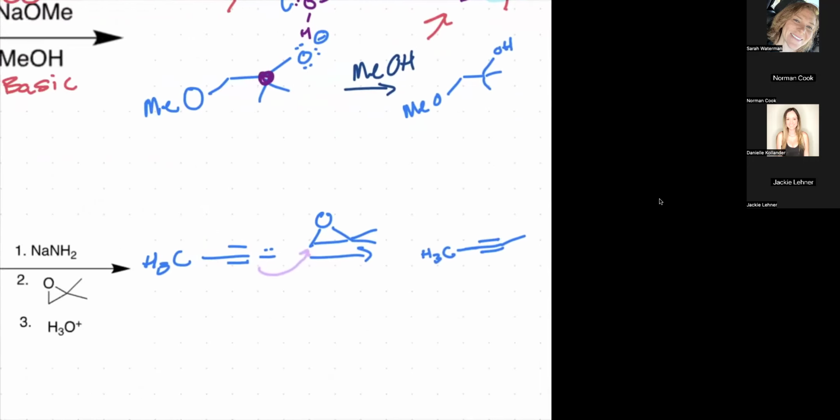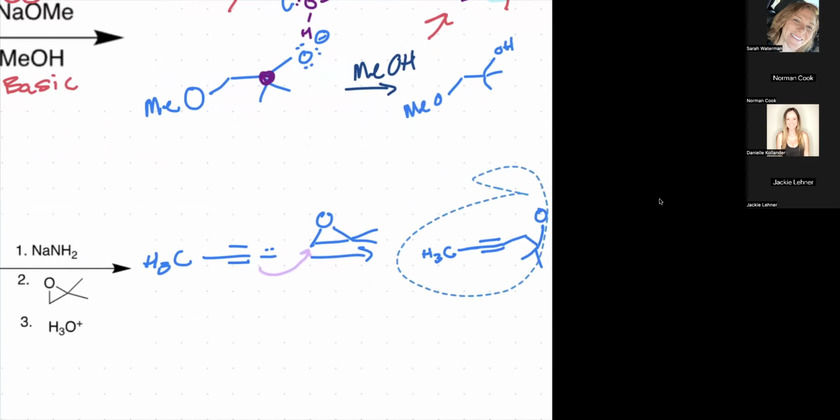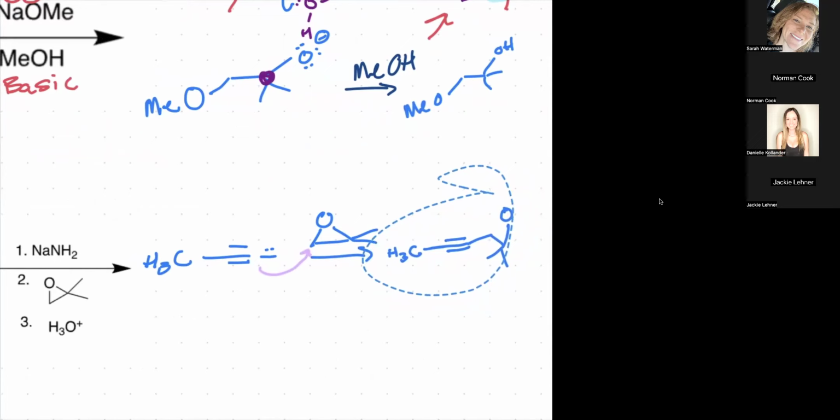Okay, 1, 2, and then, sorry guys, I'm running out of room. I write too big is my problem. There. Okay. There we go. Okay, cool. And then obviously we have the acid workup step, right? So this, and then we have the acid workup step for that reason, so that now we have this.